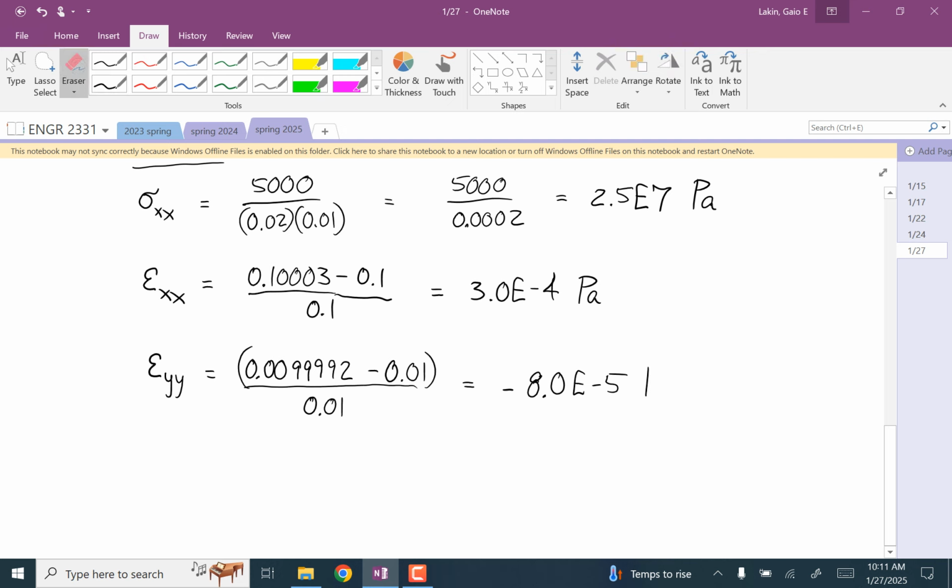Oh, and I wrote units of pascals on that strain. Strain is unitless, so don't put that there. This is just a number.